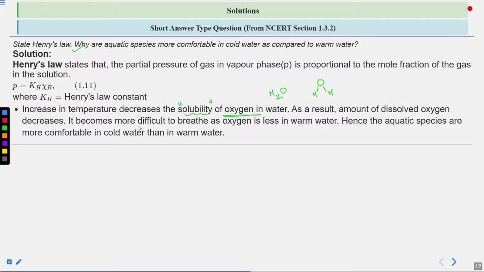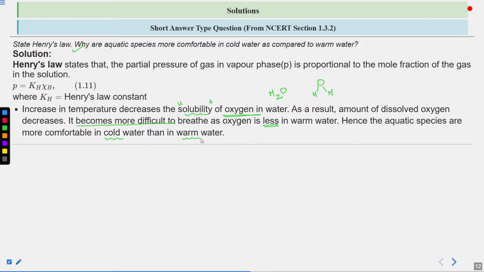That means oxygen content is decreased, and it becomes more difficult to breathe as oxygen is less in the warm water, and hence aquatic species are more comfortable in cold water than in warm water. The highlight is basically that temperature difference affects the oxygen solubility in the water, and if there is less oxygen, it will be difficult to breathe in the water.